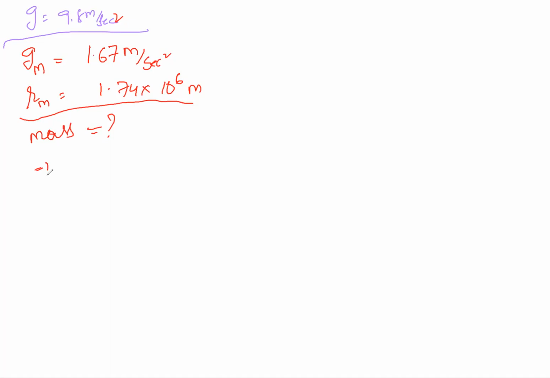The acceleration due to gravity at the surface of the moon is 1.67, and if the radius of the moon is given, then find the mass of the moon.